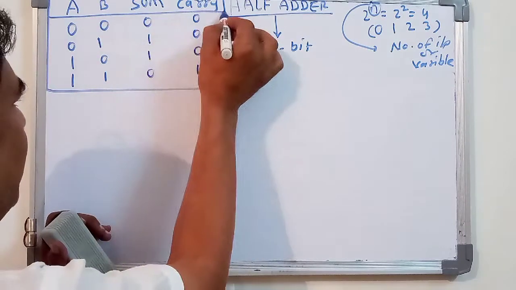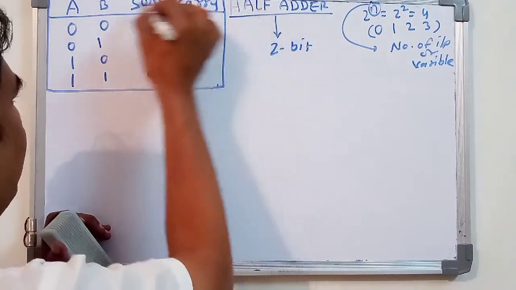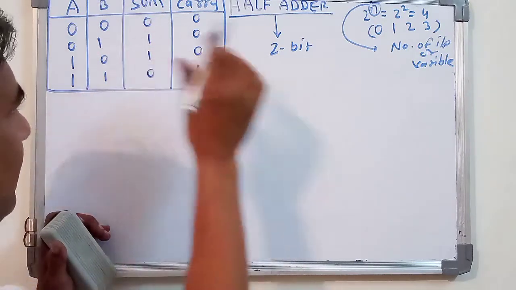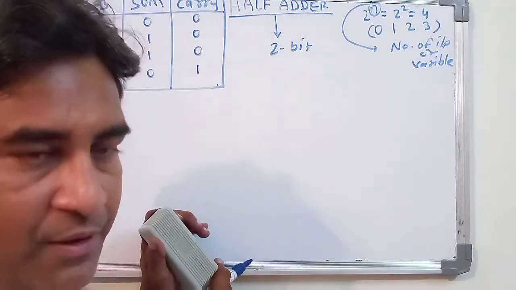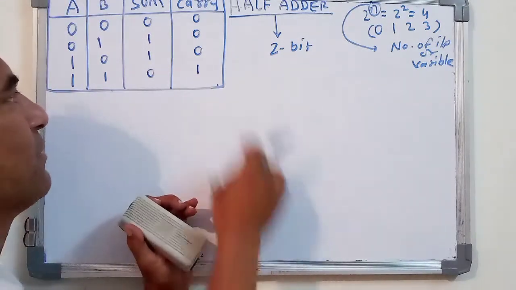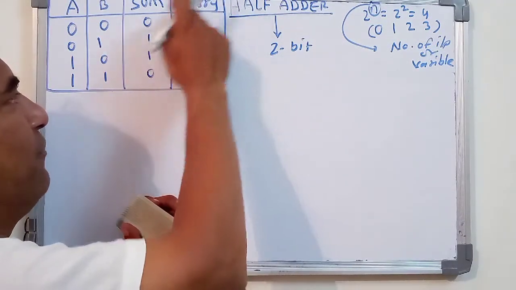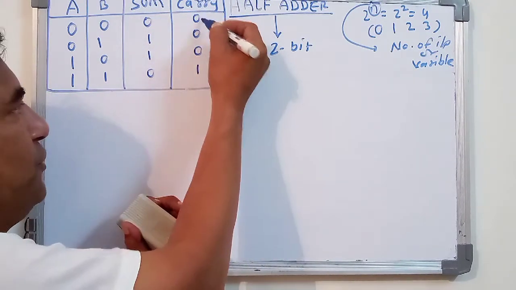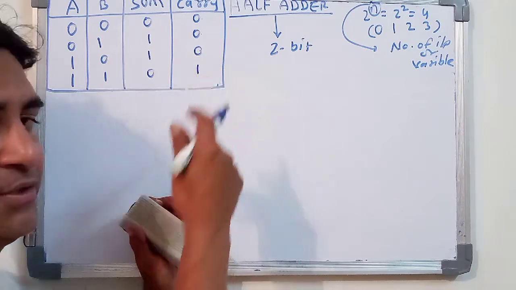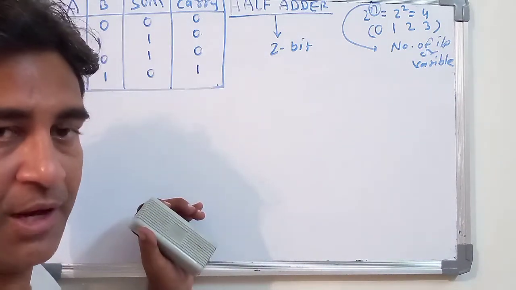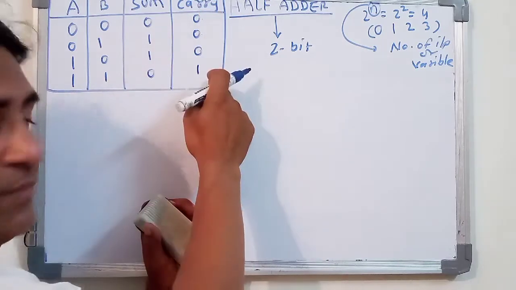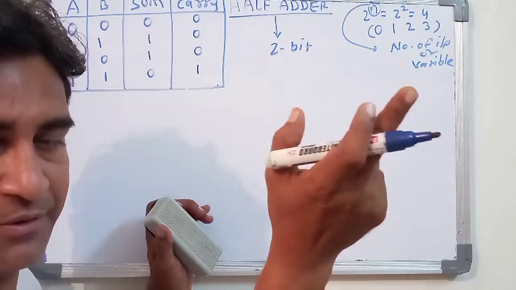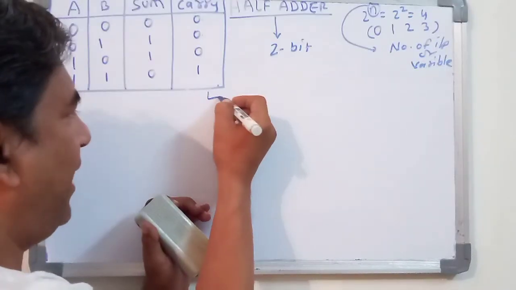Now from this table, you are able to design the logical diagram and the logical equation also. Just carefully observe the outputs for carry and for sum. For carry, the output is 0 0 0 1, which is the gate output we studied previously; that gate was the AND gate.